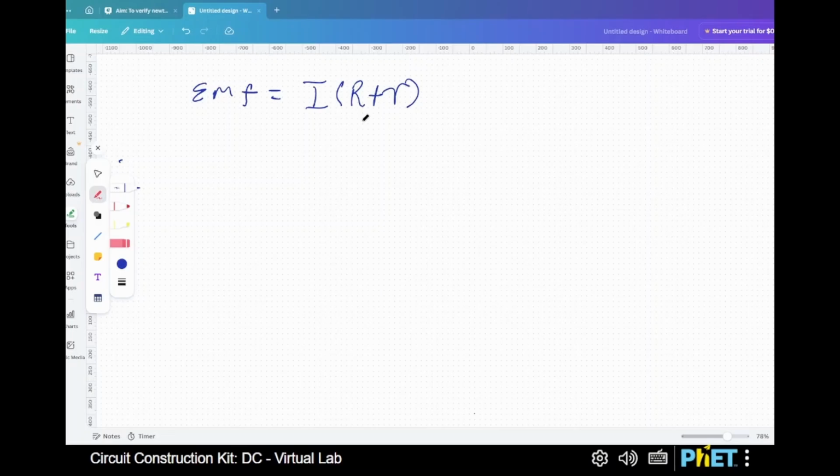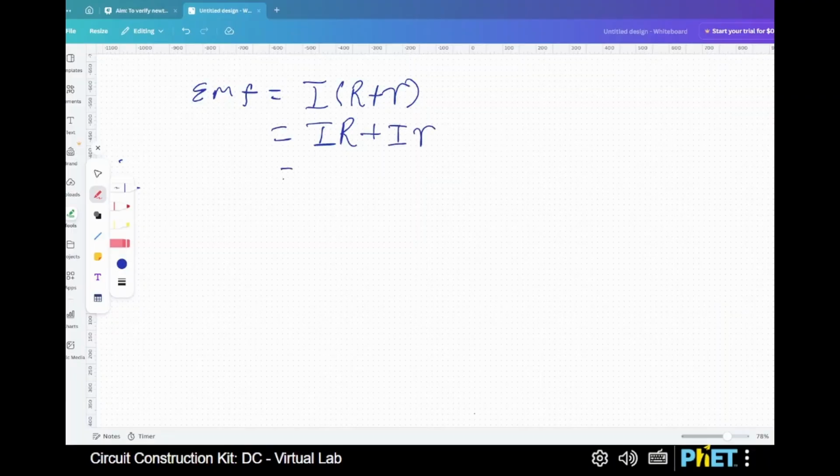So how do we do that? Let's first write the equation in the form of y is equal to mx plus c, and then we identify our y, x, gradient, and c, which is the intercept. So let's do that. EMF is, we're going to expand that to I big R plus I small r.